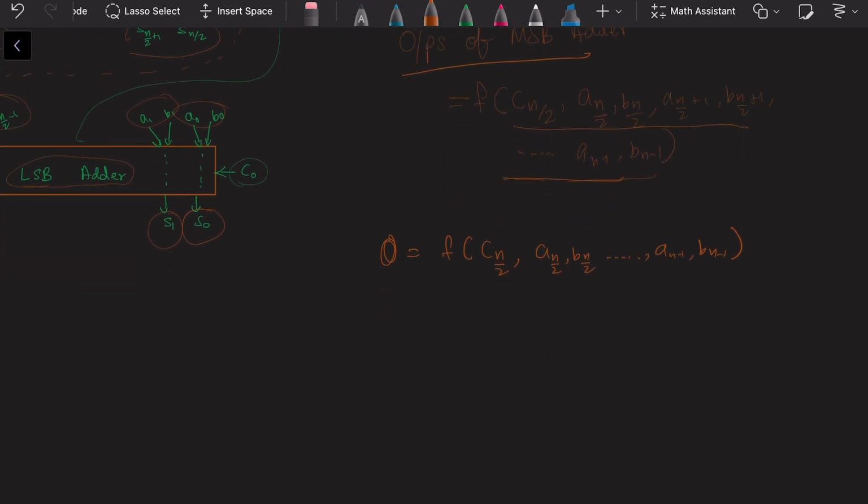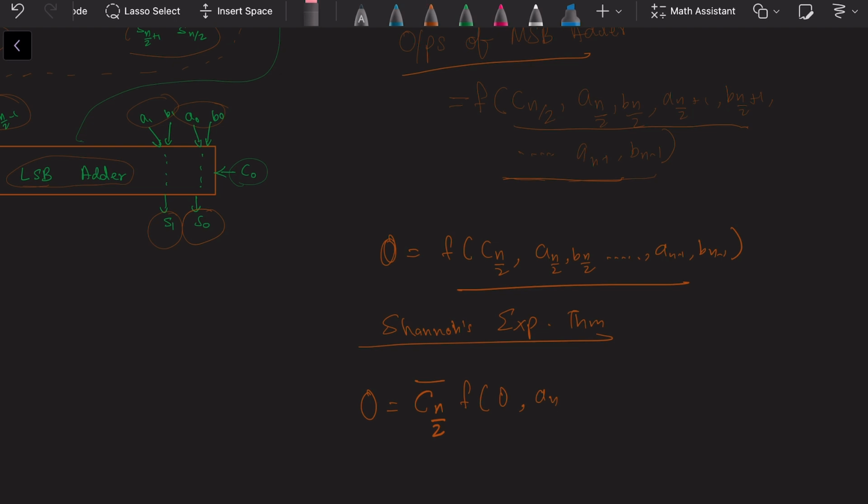So now, if I were to use Shannon's expansion theorem, what can we do here? We can decompose this function f as Cn/2 bar times f of 0, A(n/2), B(n/2), all the way to A(n-1), B(n-1), plus Cn/2, no bar, times f of 1, A(n/2), B(n/2), A(n-1), B(n-1).